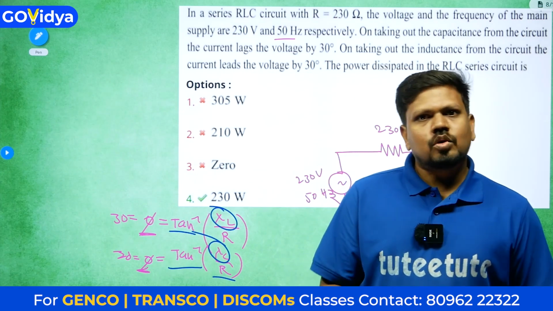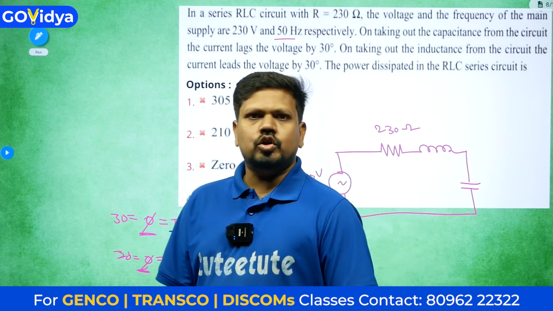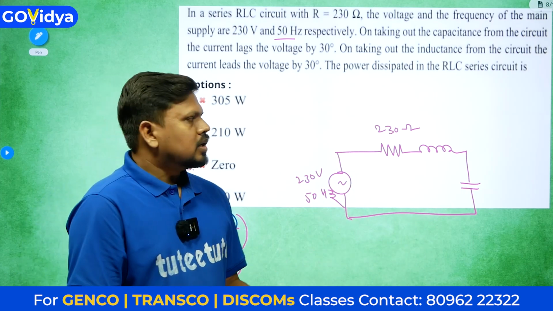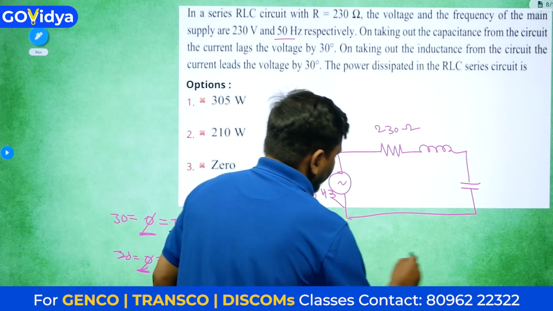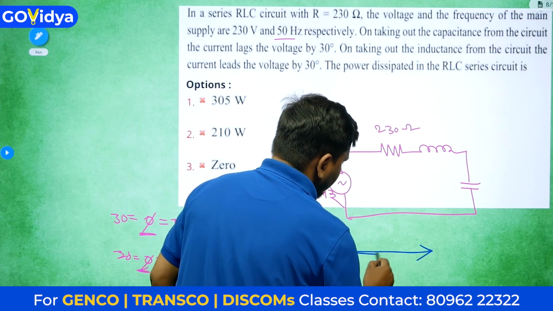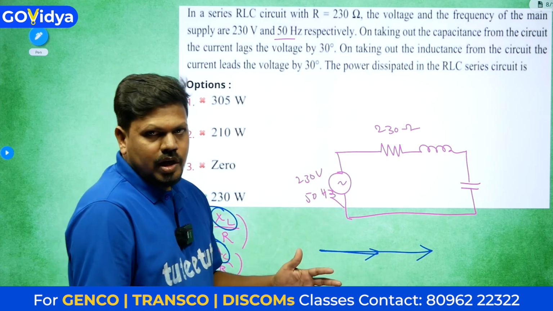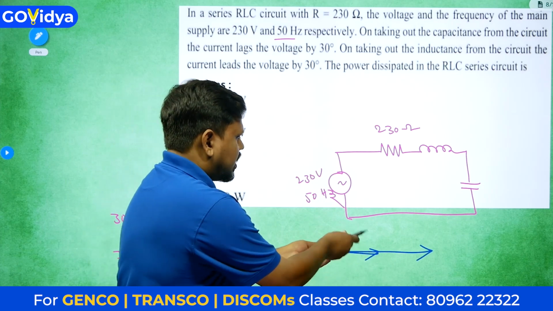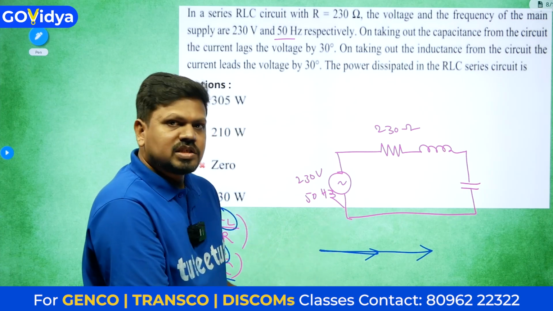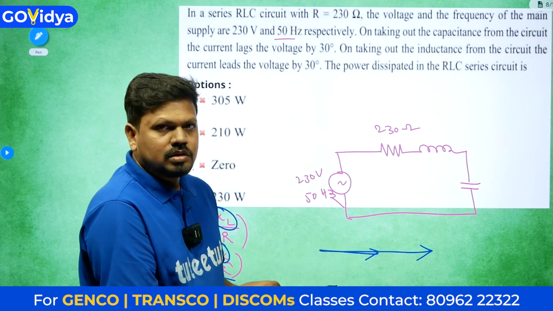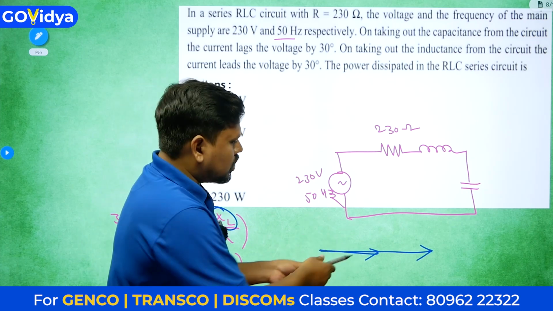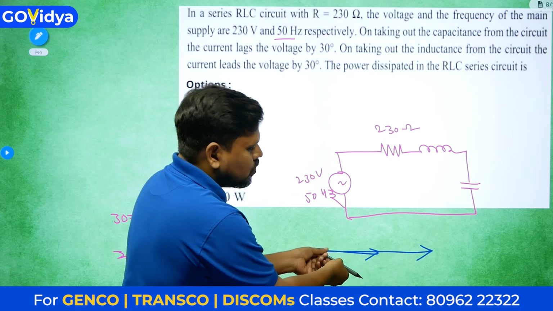Otherwise, when you are in an exam, no need to prove this XL equals XC directly. Whenever this is the voltage and this is the current, whenever the inductor is taken out, the current will lead by 30 degree, and whenever the capacitor is taken out, the current lags the voltage by 30 degree.